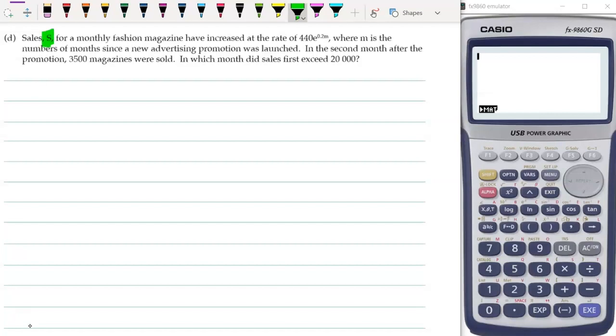Okay, we're told that the sales in S have increased at a rate of this much. So the rate at which S is increasing over time, in fact, the time we've been given is M, not T. So the rate of S over M will be 440 e to the 0.2m.